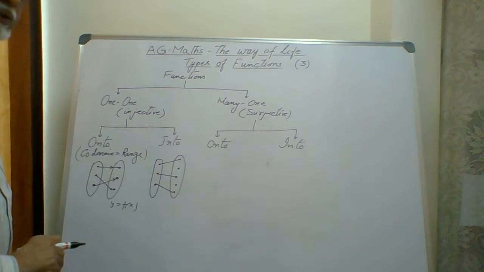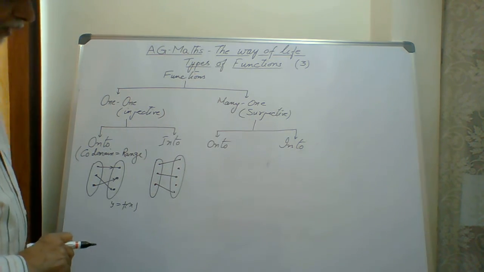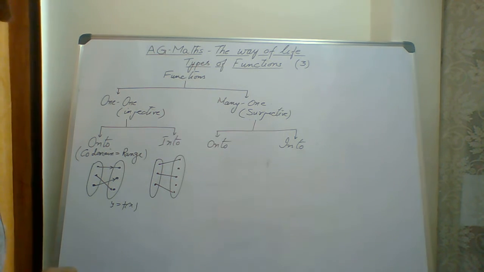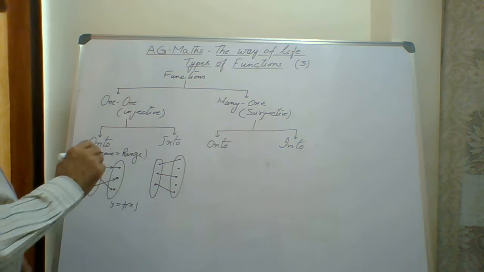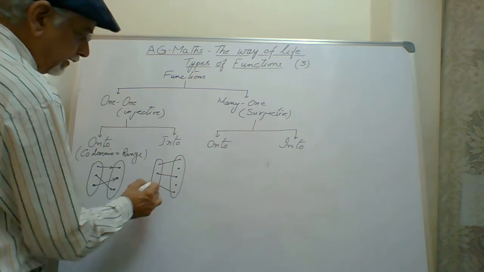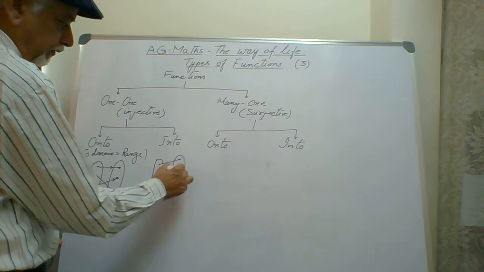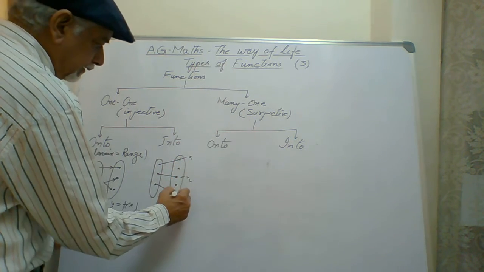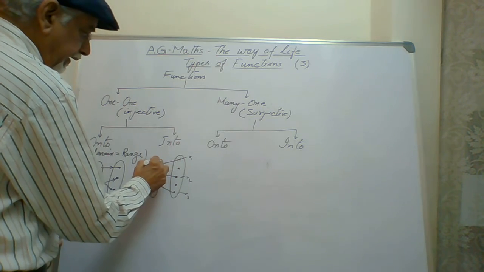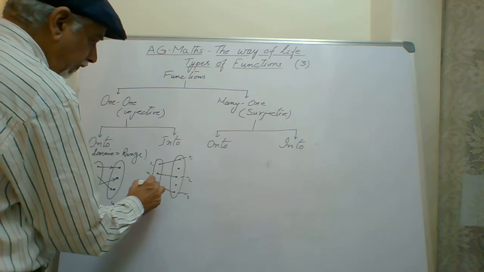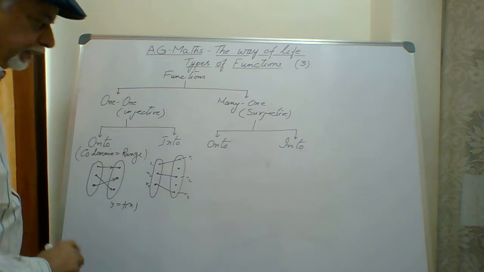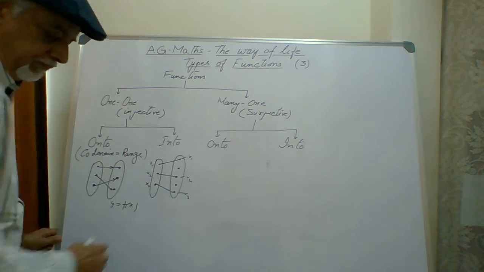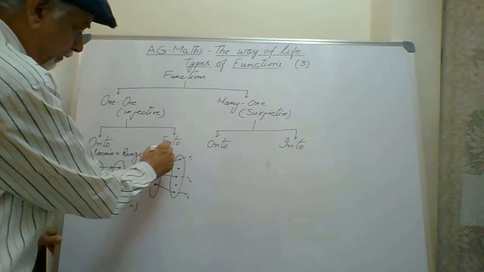Two elements are still free in the codomain, or we say the codomain has more values than the range. The range is what is connected with the domain. These values are called the range. Suppose it is R1, R2 and R3, and this is my X1, X2 and X3. So they have the range values, but this is extra, which is coming in the codomain. Then we say it is an into function.